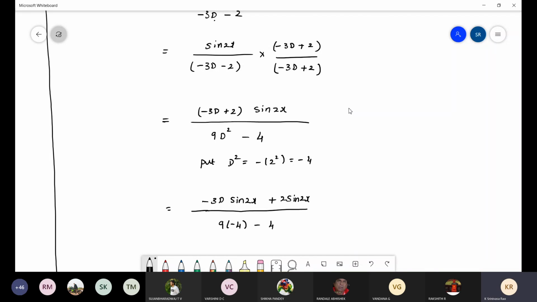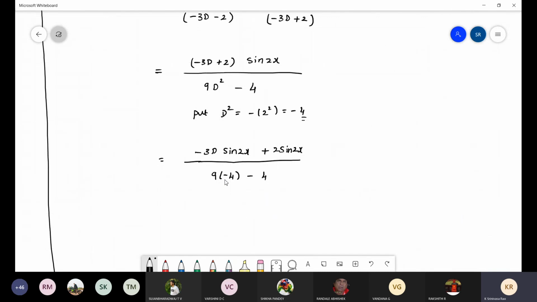Always the substitution is negative. Don't make any mistake. If you write plus, one term may be positive and the other negative, it may become 0, and the answer is also different. It is wrong. In the denominator, both terms you will get negative only.